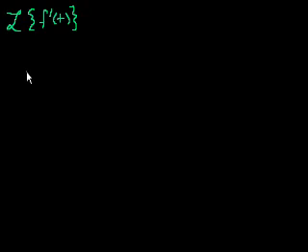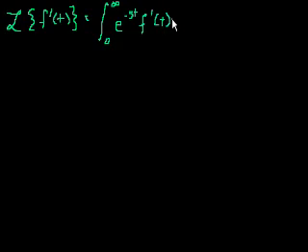So we're going to use some integration by parts here. Well, actually, let me just say what this is. First of all, this is equal to the integral from 0 to infinity of e to the minus st times f prime of t dt. And to solve this, we're going to use integration by parts. Let me write it in the corner just so we remember what it is.